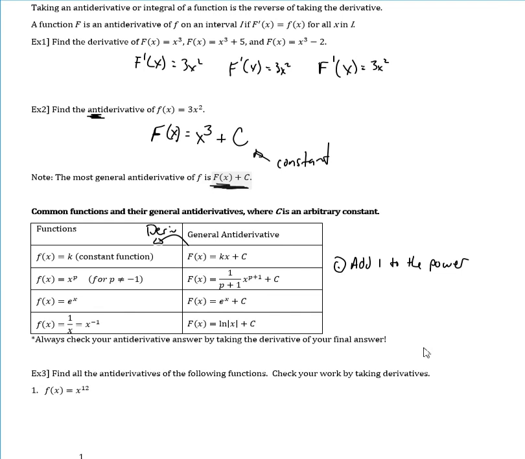Then, we divide by that new power, or let's say multiply the front by the reciprocal of the new power. So this is our power rule for the antiderivative. We'll use it real soon in this example, but this is it in words every time.